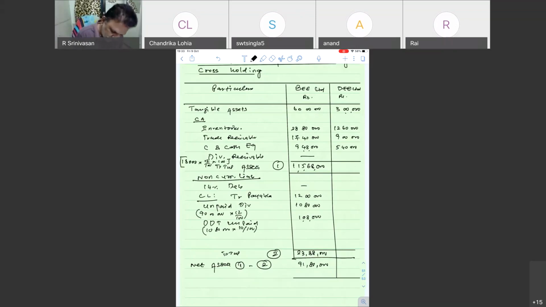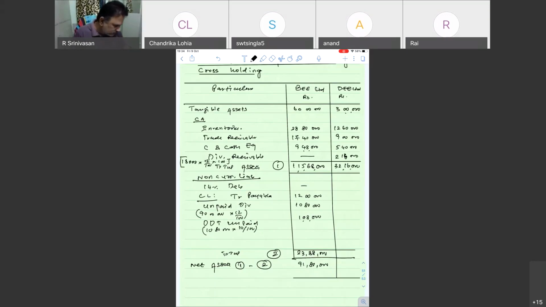I'm taking the figures they have given. 2 lakh 16,000. So the total is 3 lakhs plus 12 lakh 60,000 plus 9 lakhs plus 5 lakh 40,000 plus 2 lakh 16,000. Total is around 32 lakh 16,000.